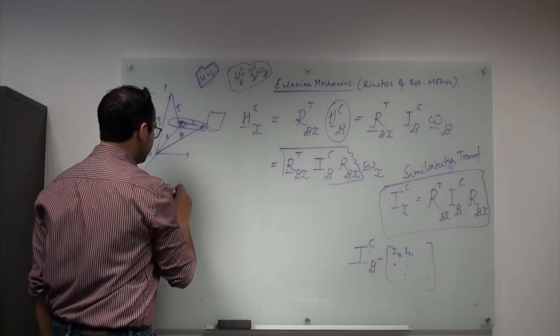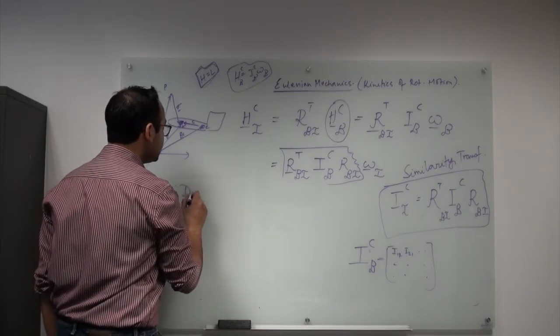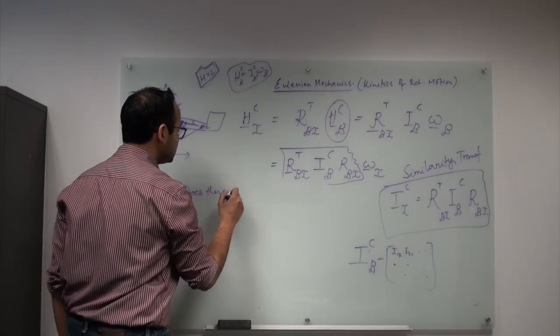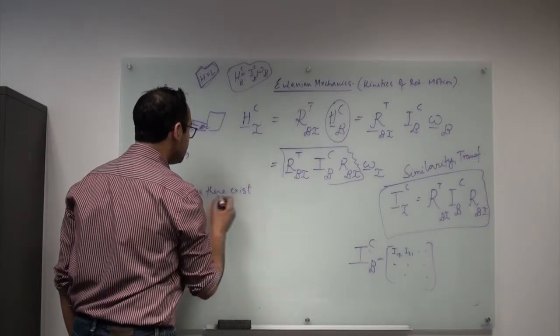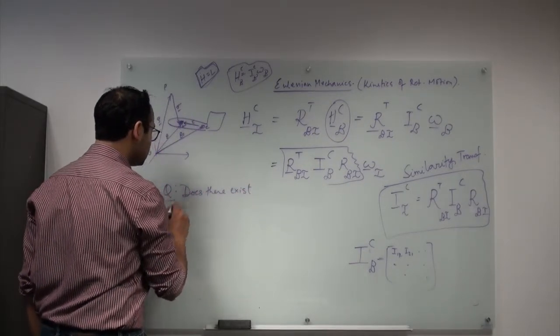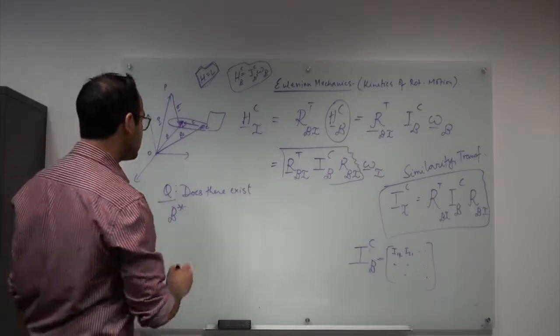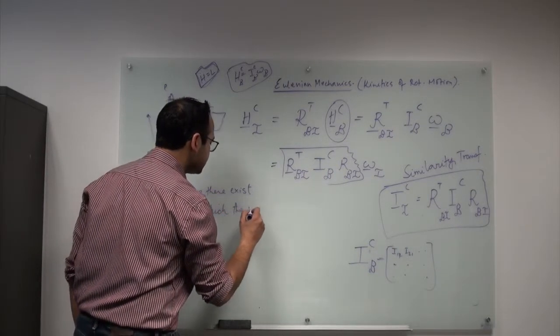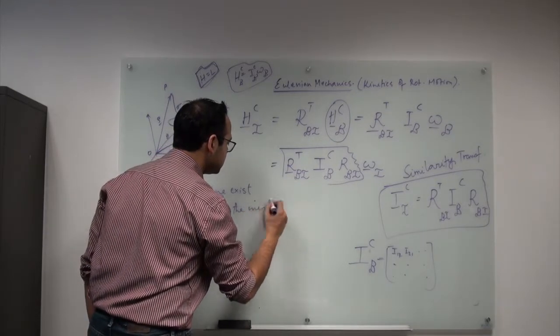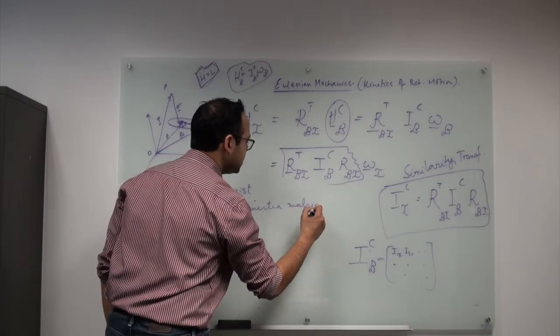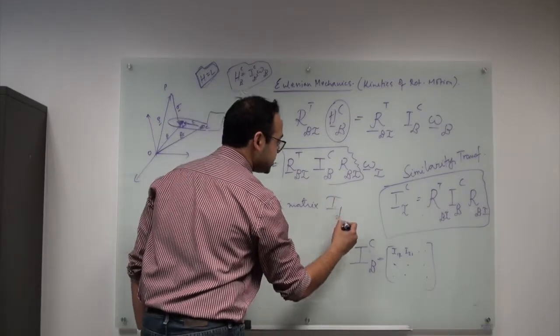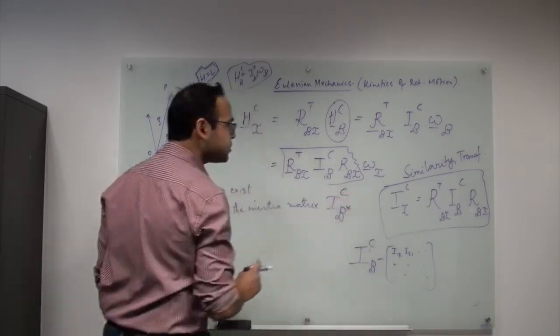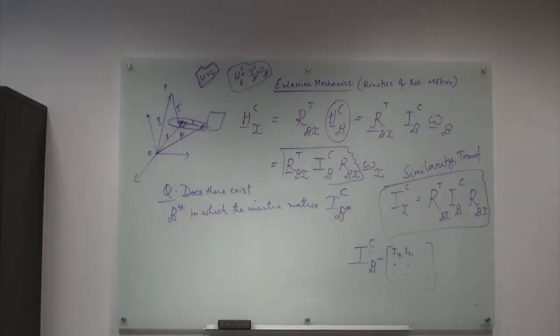So the question that we want to ask right now is, does there exist a special body frame, B star, in which the inertia matrix I, so I expressed in the body frame, but still measured from C, right? Our reference point is fixed at C, but now it's expressed in this special body frame.